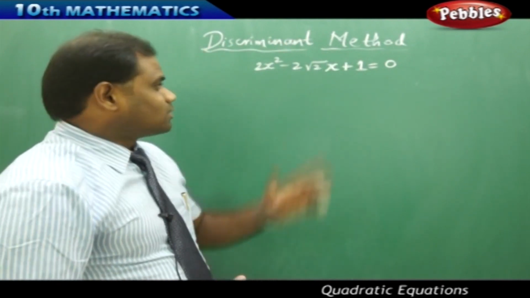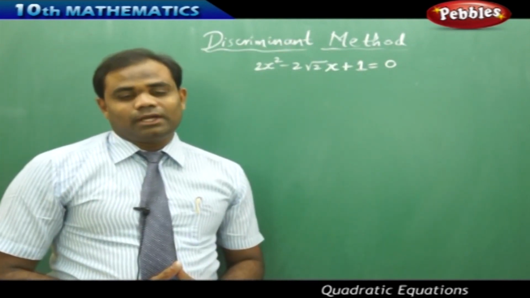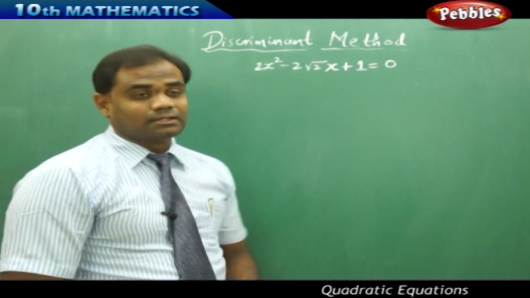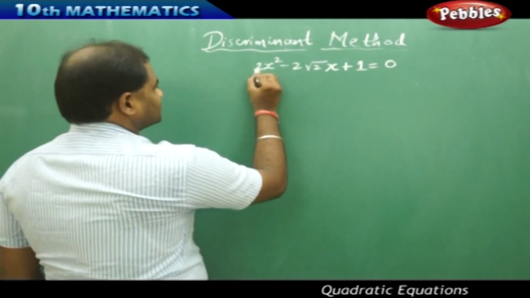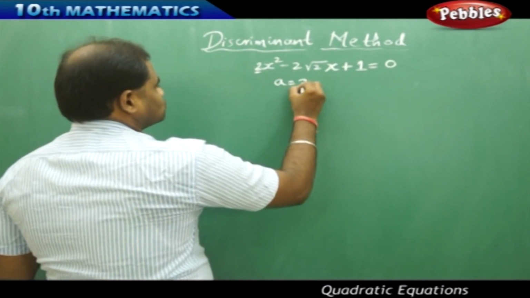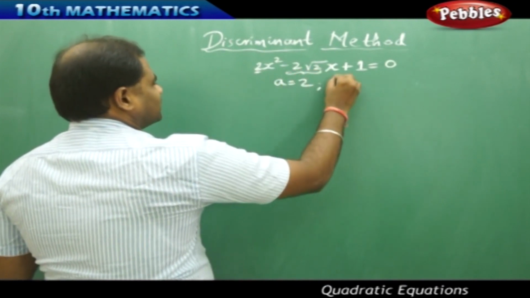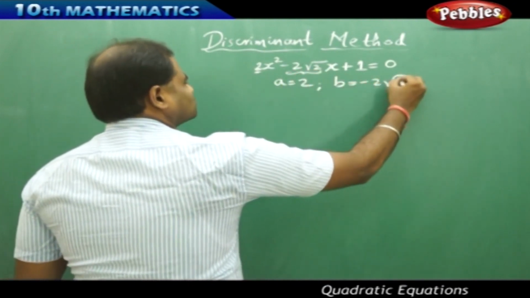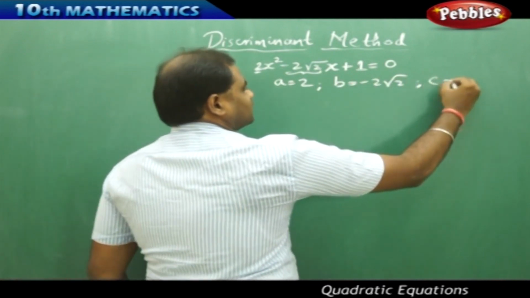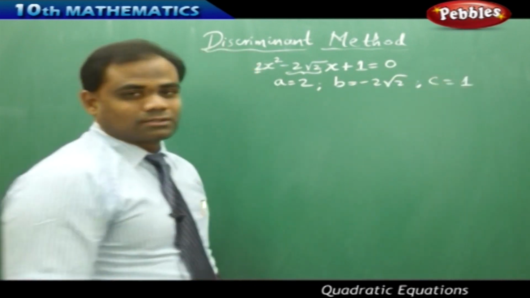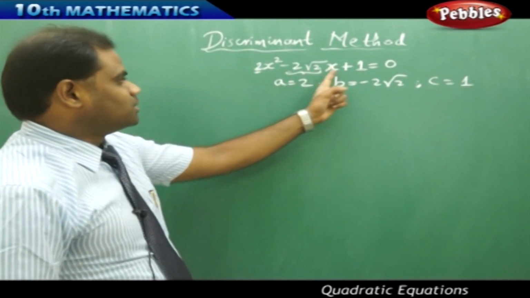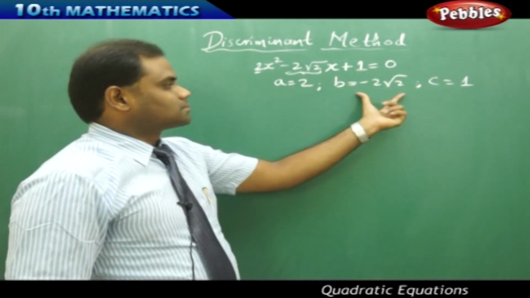Now if I compare this quadratic equation with the general form ax squared plus bx plus c, then I clearly identify that the value of a is 2, the value of b is minus 2 root 2, and the value of c is 1.